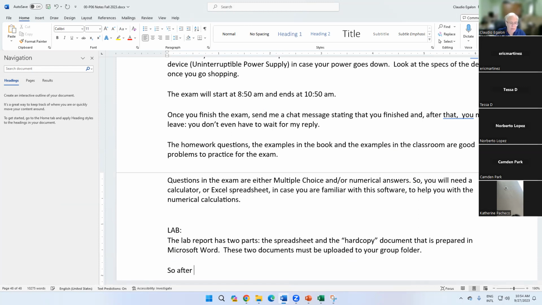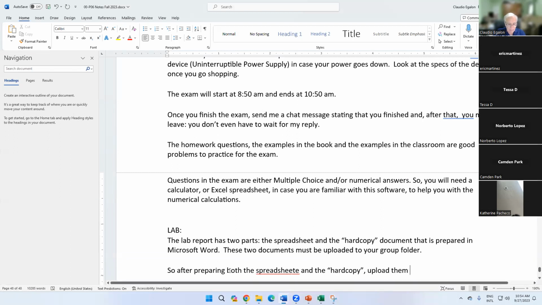So after preparing both the spreadsheet and the hard copy, upload them, the final, right? So we are transferring the Excel data to the hard copy.